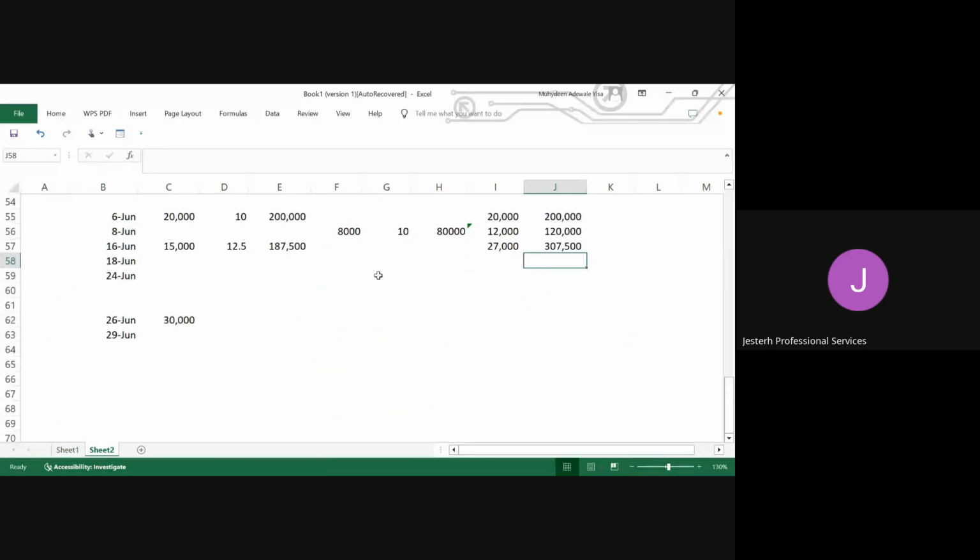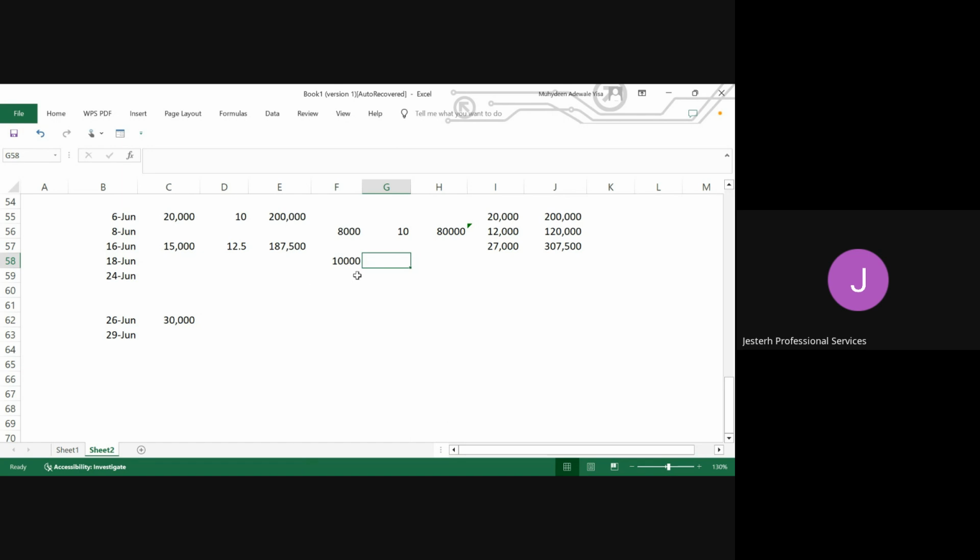Now come here. This is where we have to work, 10,000. And the method says we need to consider what we purchased last. The new product that we just brought into the store is the one that we need to issue out first. The new product is at the rate of 12 naira 50 kobo, with a total of 15,000 units.